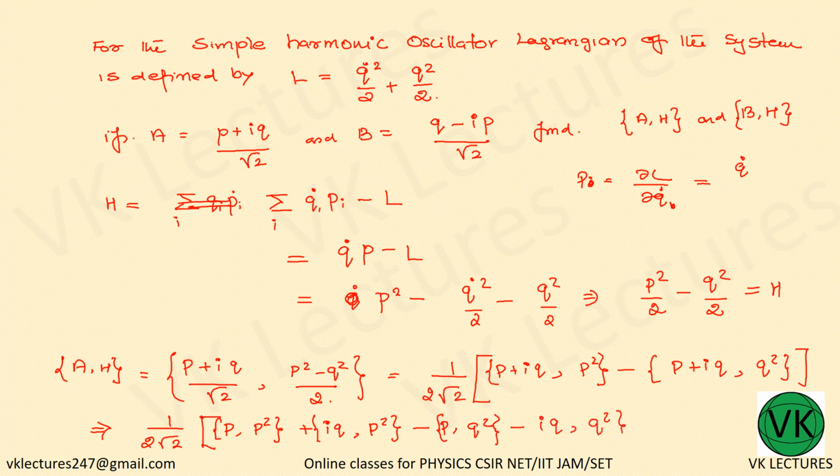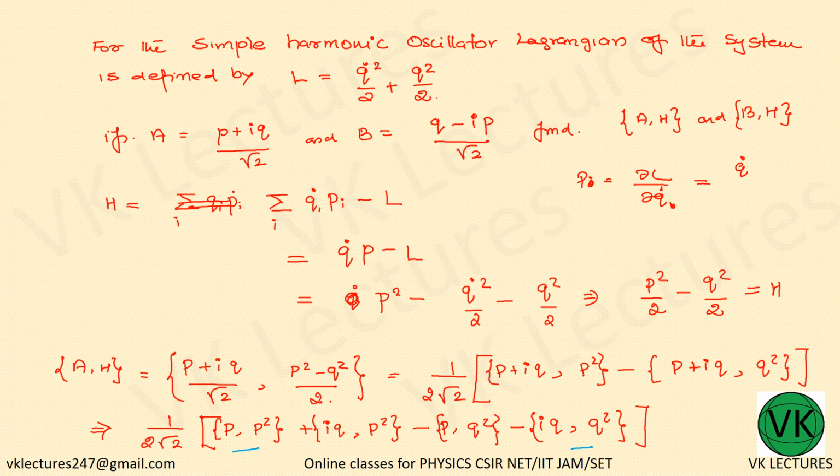Now you can see here P comma P square is 0, IQ comma Q square is 0, both A and B are same, so A comma A is 0. So what is left is IQ comma P square and P comma Q square.